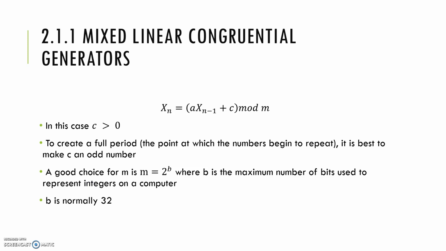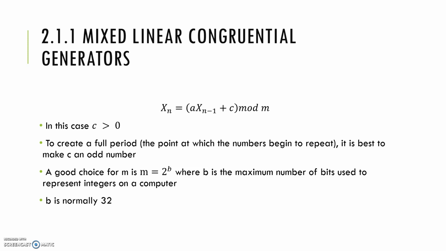So we're going to talk about two different kinds of generators. This first one is called a mixed generator. In this case, C is greater than 0. And to create a full period, the point at which numbers begin to repeat, it's just best practice to make C an odd number.